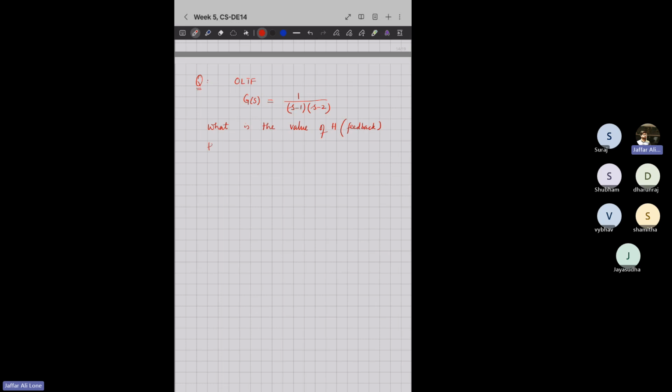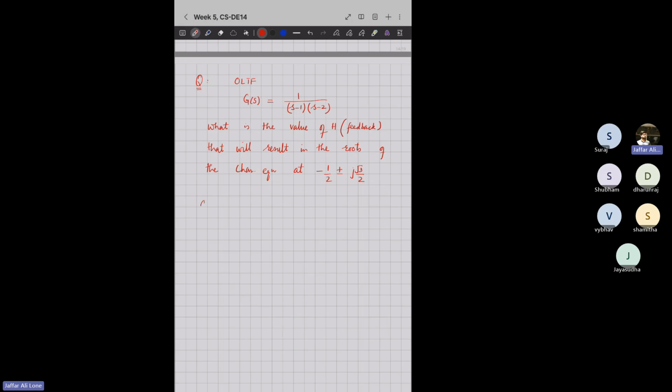That will result in the roots of the characteristic equation at -1/2 plus minus j root 3/2.